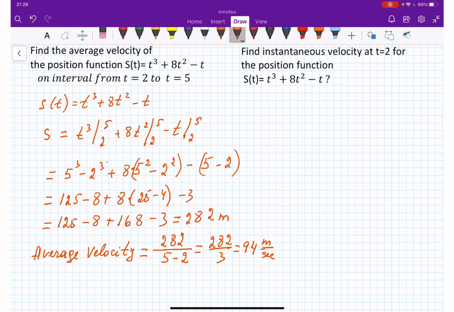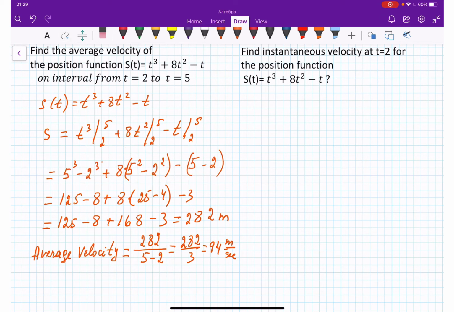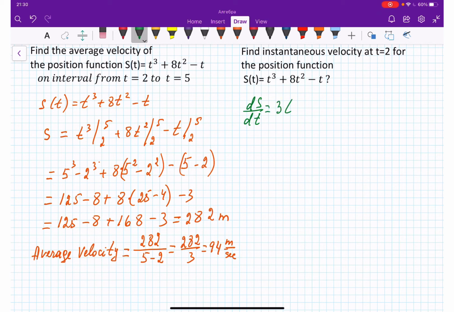So ds by dt is equal to 3t squared plus 16t minus 1, right?